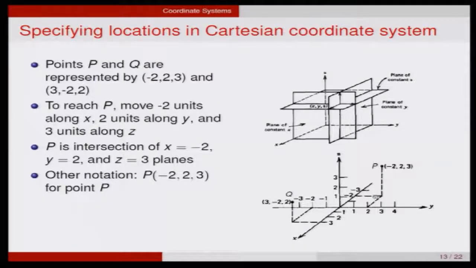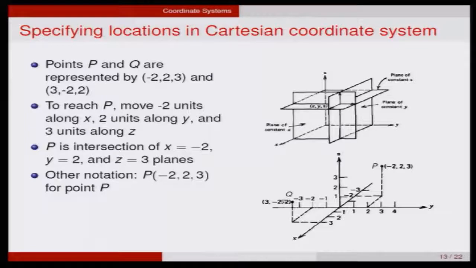This is equivalent to putting up a plane at y equal to 2 and a plane at x equal to -2. The intersection of those two will be at -2 and 2. Now, if you move up, because this is 3, to the plane where z equal to 3, you will end up at point P. So, to get to point P, you move -2 along x, 2 along y and 3 units along z.